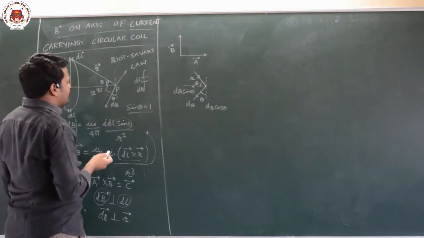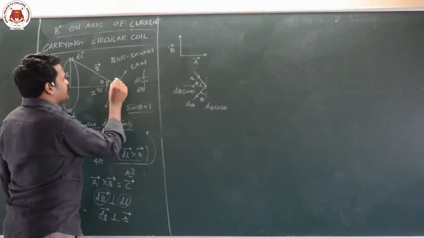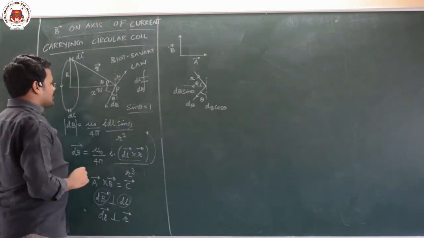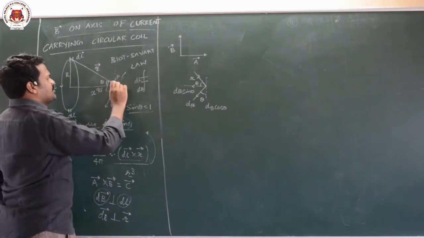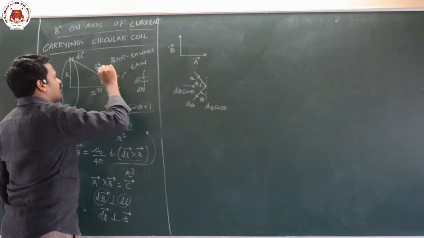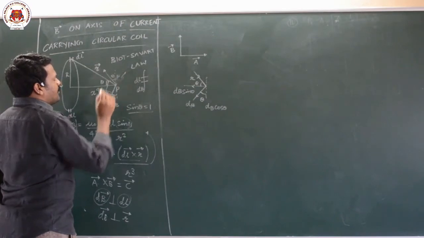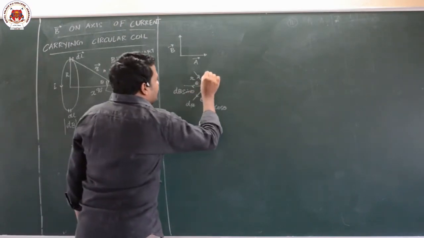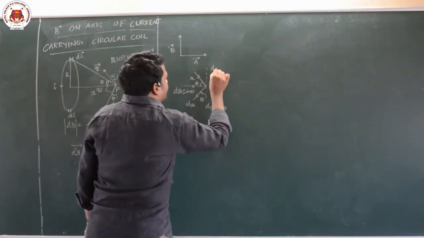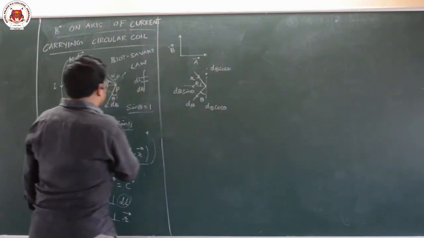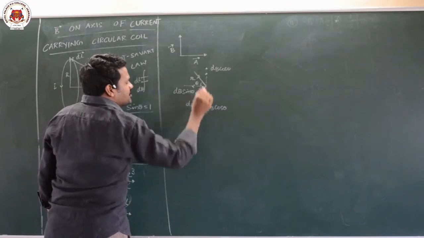So if it produces the magnetic field, if you take this also theta, you will get one more magnetic field like this. Then dB cos theta of this element will be exactly opposite to this element.